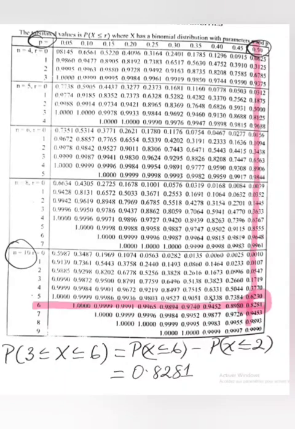So I write 0.8281 minus, I take the cumulative of 2, which is 2 here. I locate it on the extreme left and draw a horizontal line till I meet the vertical line from my value of P at the top, and that corresponds to 0.0547.